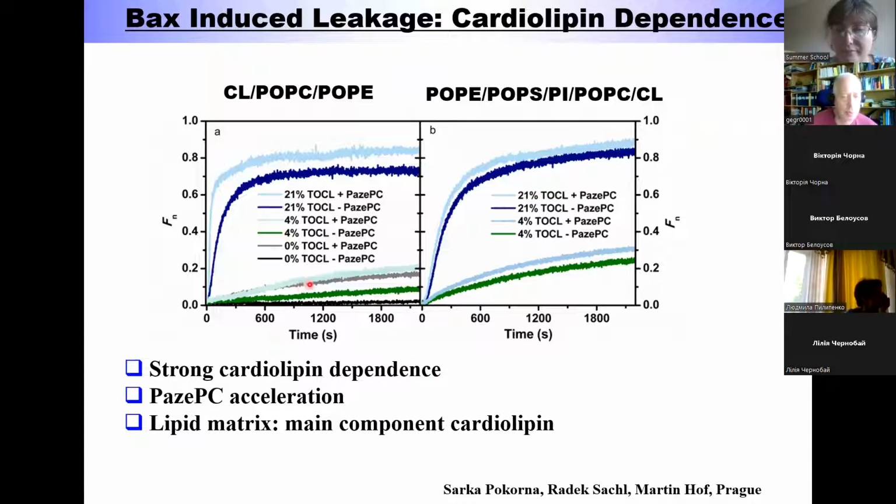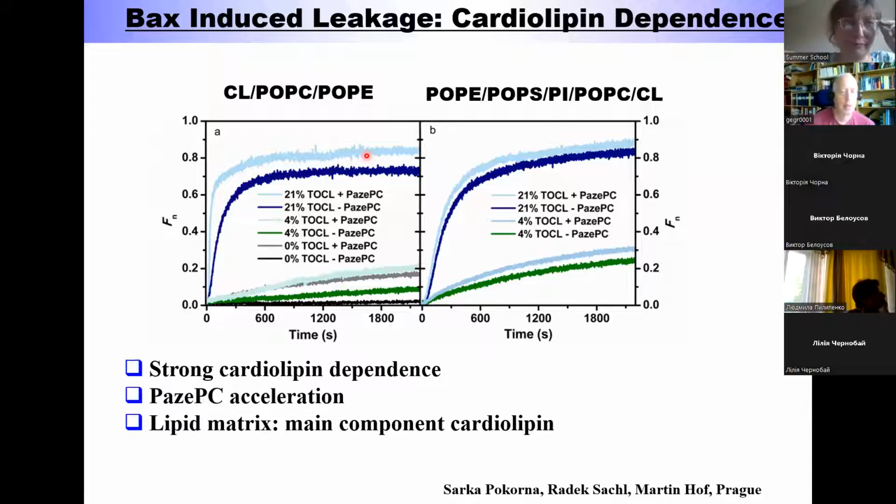And then what you do, you have calcein inside the vesicles, and then you add Bax. And you can see if you have no cardiolipin in it, not much happens. If you have cardiolipin in and oxidized lipids, a lot happens. So it was important that you need cardiolipin in the membrane, as it is naturally in the mitochondrial membrane.